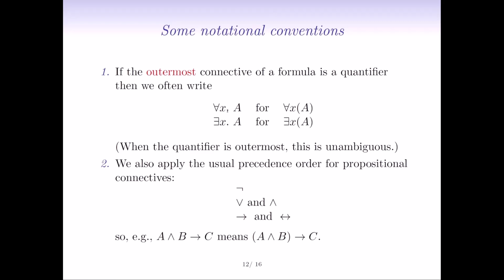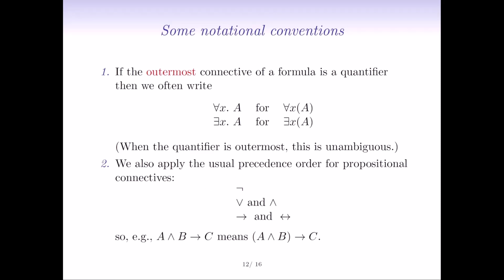Whenever you see the dot, that means the scope of the quantifier, or the brackets, are supposed to be around the entire rest of the formula. So if I write the dot, it means for all x and then the whole next thing, all the rest of the formula in brackets.